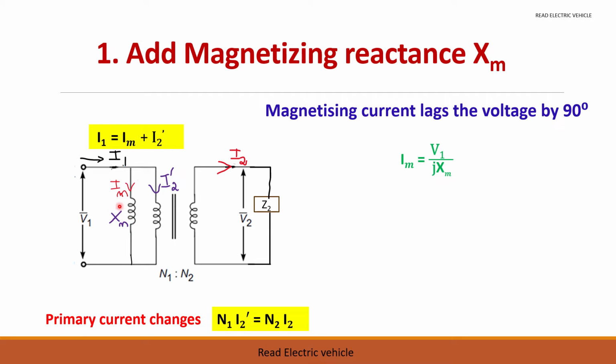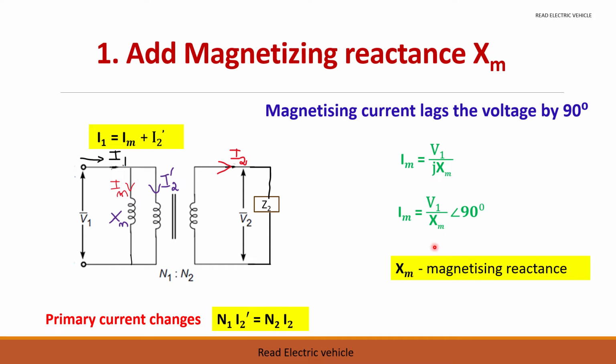So we are including this magnetizing reactance to show that the core has a finite permeability. So we can write Im is equal to V1 divided by jXm, or instead of j I can write angle 90 degree, where Xm is called the magnetizing reactance and it should be a very high value because Im is a very small value.